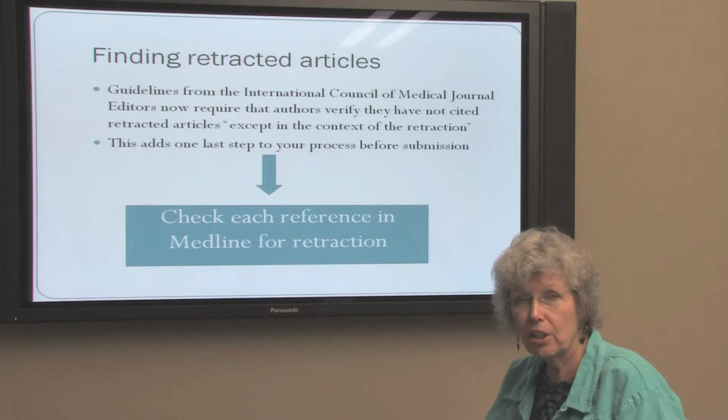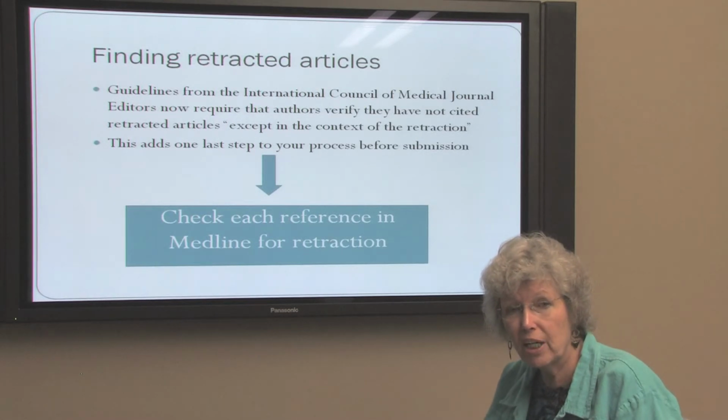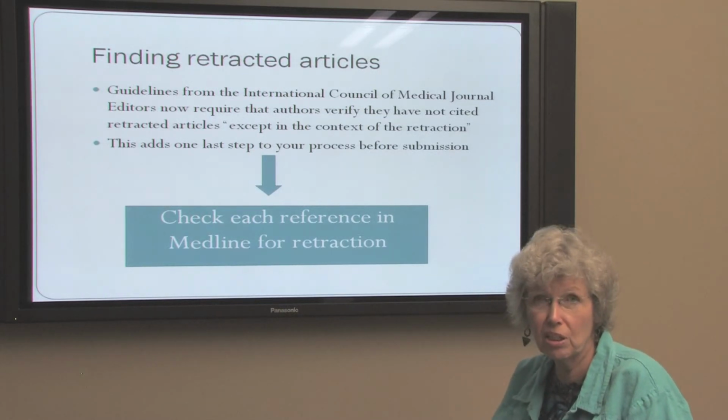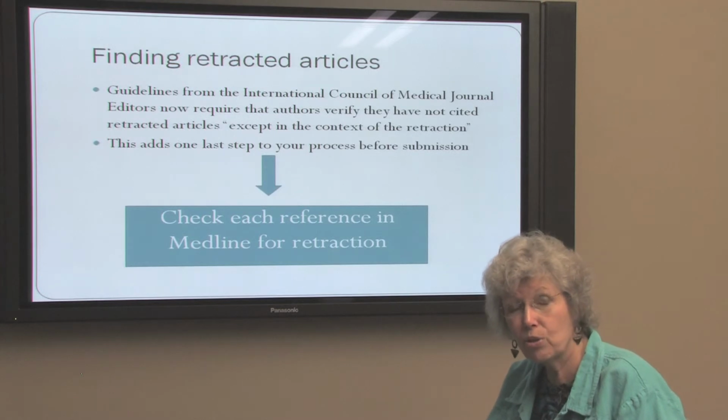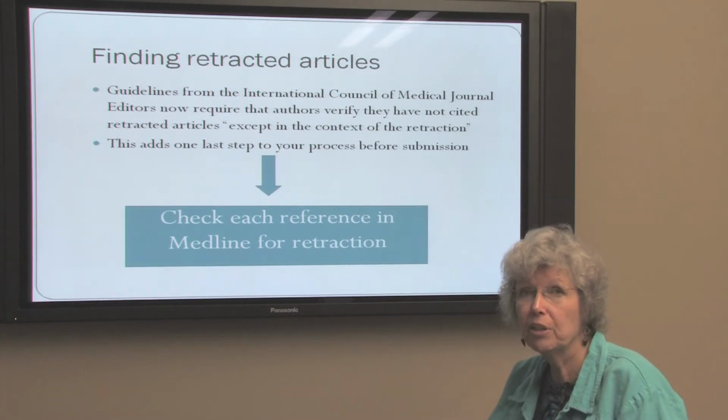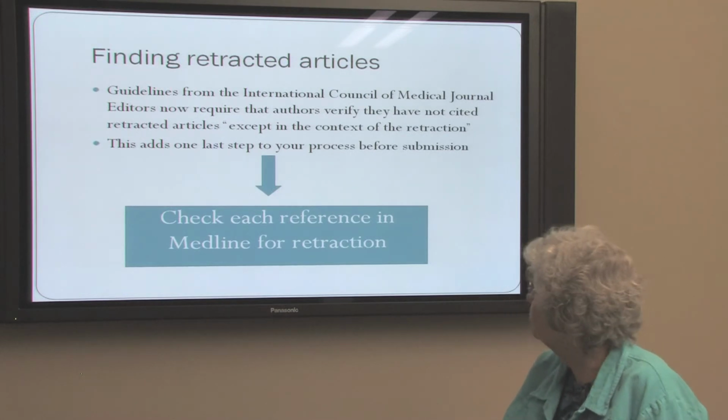These are the articles that you found. These are the articles that you included in your analysis, and you excluded this one in particular because it had been retracted. So that would be an appropriate citation of an article that's retracted in the literature. You're specifically excluding it in the context of a retraction.